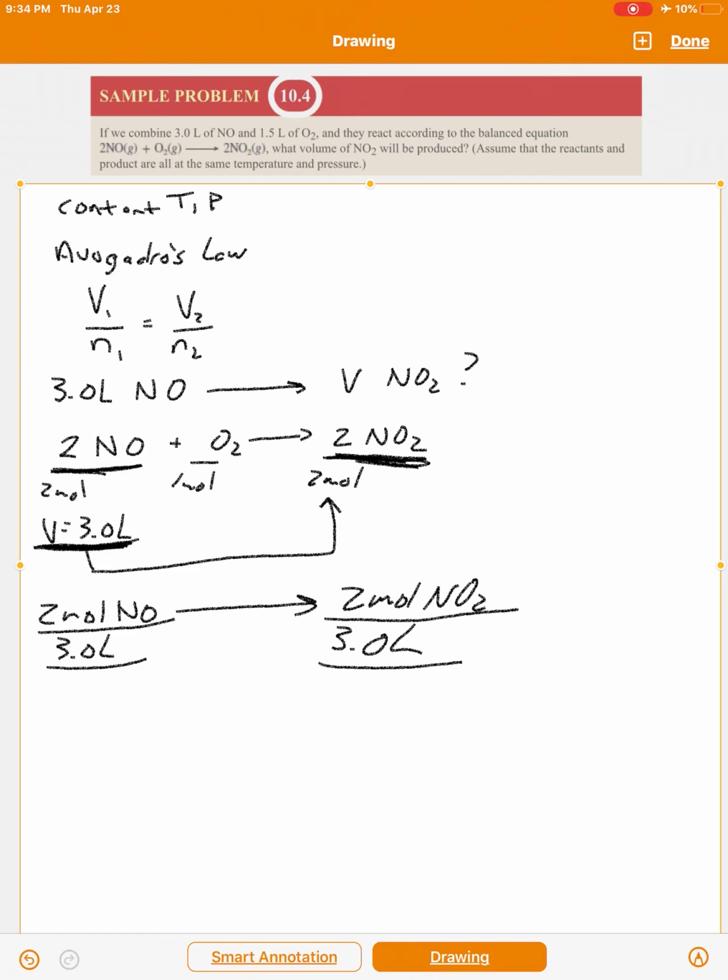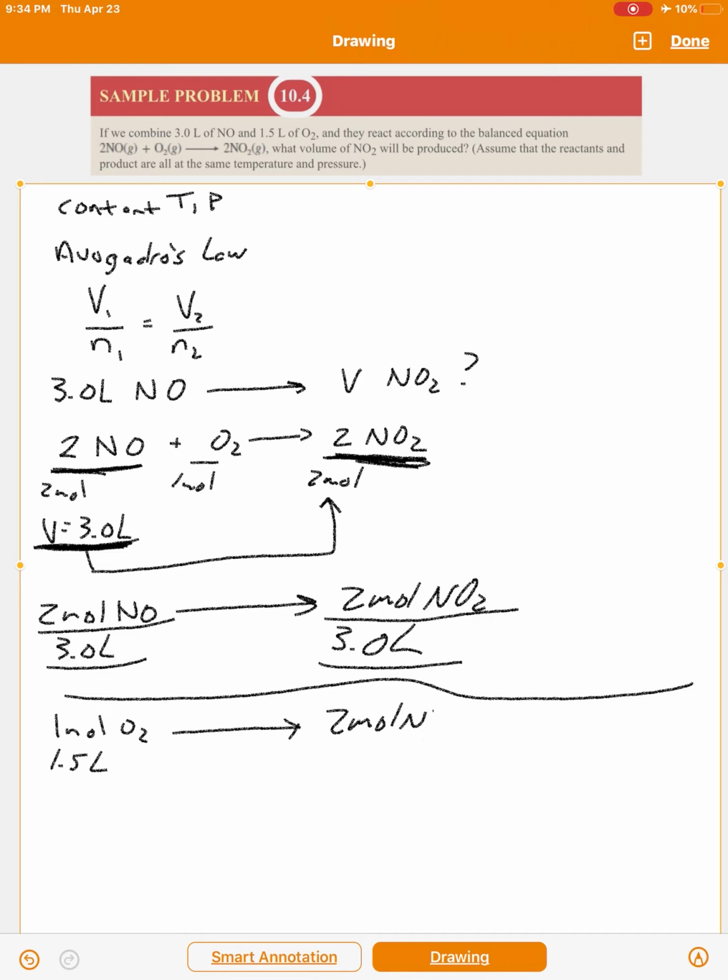Now you might ask, well, what about the 1.5 liters of oxygen? Well, if you look at the equation, it's 1 mole of oxygen, right? And it has a volume of 1.5 liters. That's before the reaction. After the reaction, we have 2 moles of NO2.